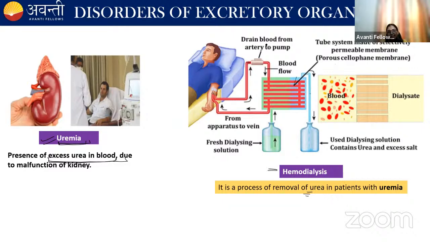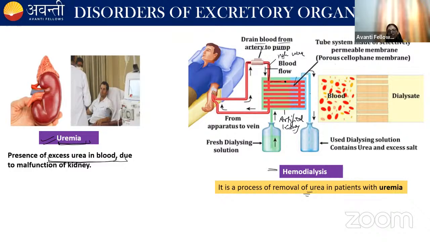First, this is the blood. The blood is drained from the artery by a pump. From here it will move to this, the artificial kidney. This consists of cellophane tubes, and these cellophane tubes are highly porous. This blood is carrying a high amount of urea.